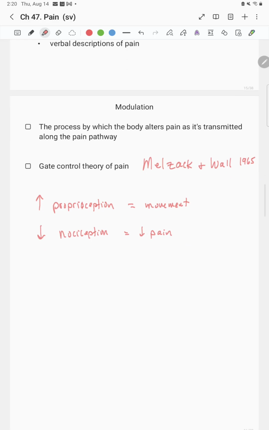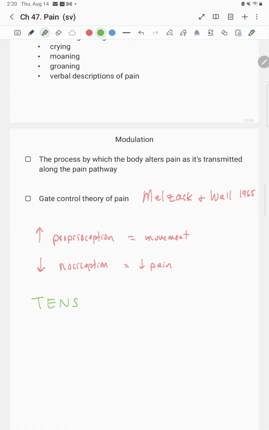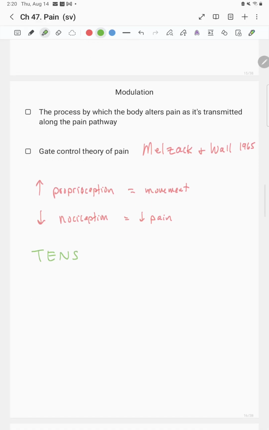And this is where we get the TENS unit from. And that stands for transcutaneous electrical neural stimulation.